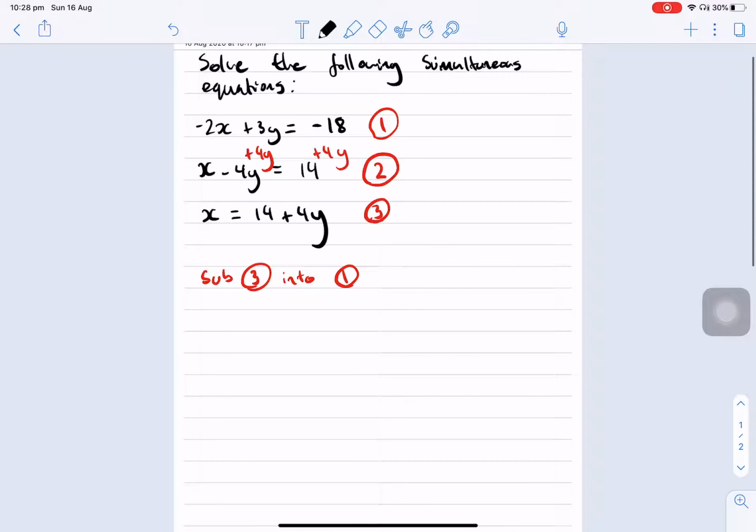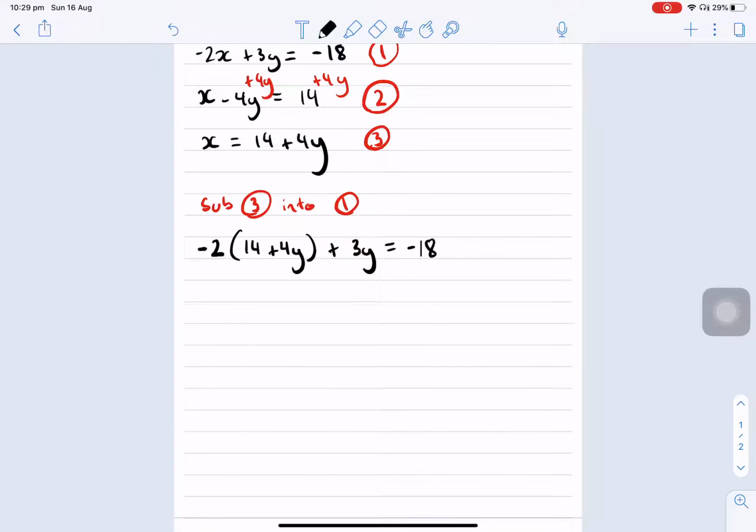So equation 1 is negative 2x, but we've now got a value of x, which is x equals 14 plus 4y. So we've got negative 2 lots of 14 plus 4y, which was my equation 3. And then I'll finish off the rest of equation 1, which is plus 3y equals negative 18.